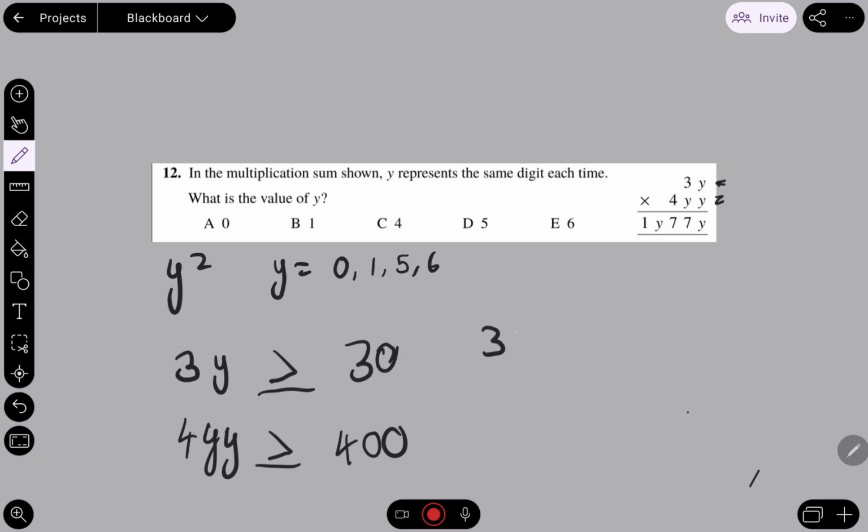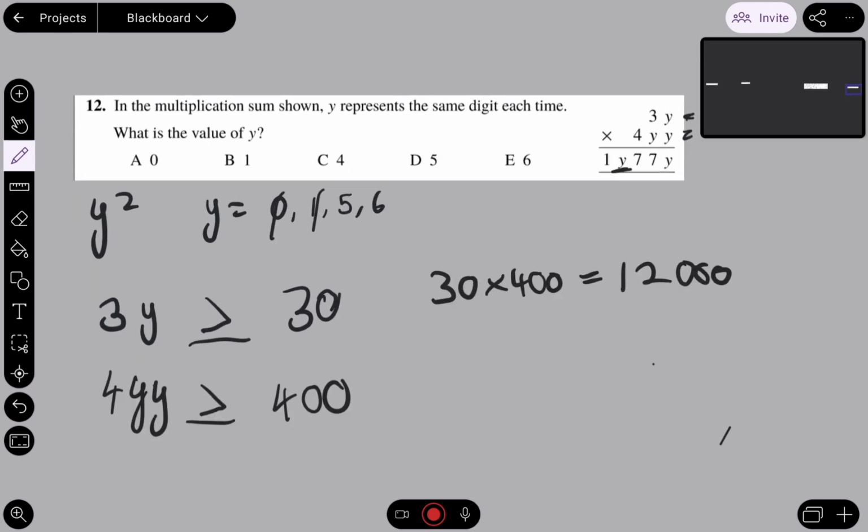So 30 times 400 is 12,000. But our answer has to be greater than that. Since y is in the thousands column, it can't be 0 or 1 because it has to be at least 12,000 in our answer.